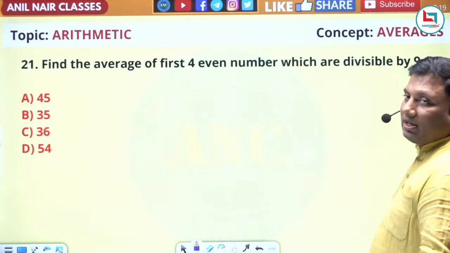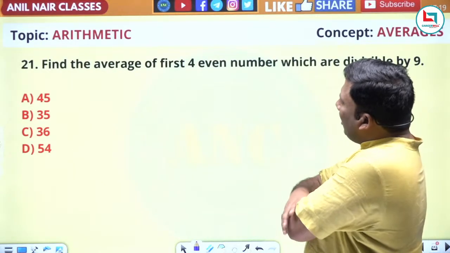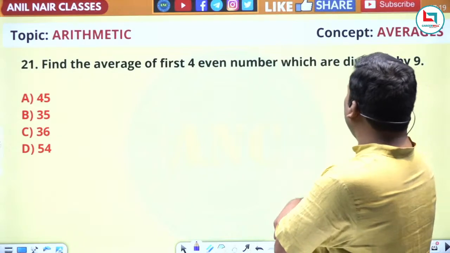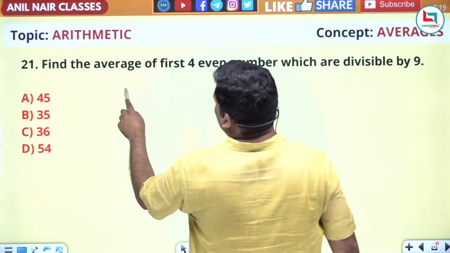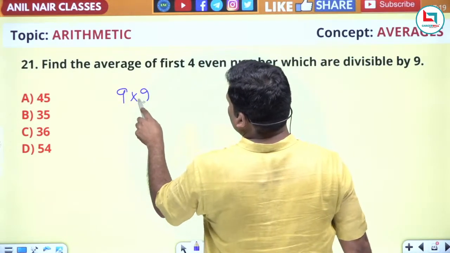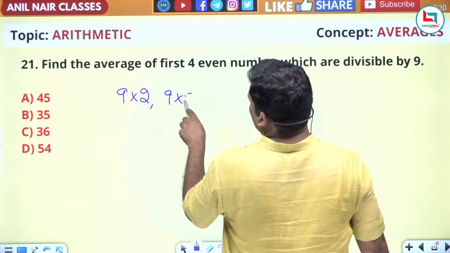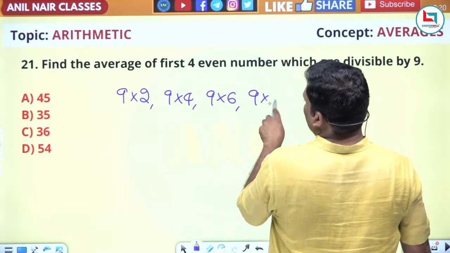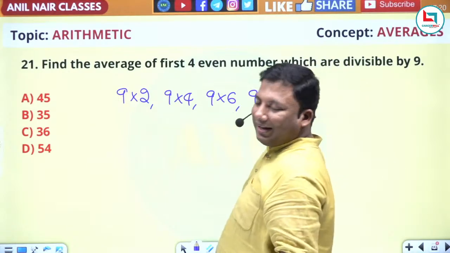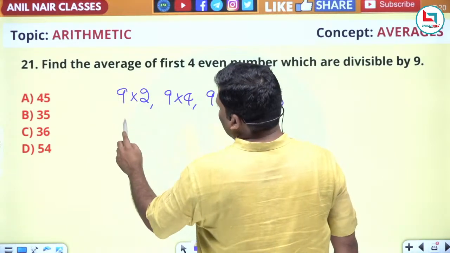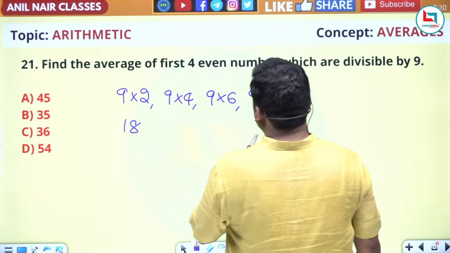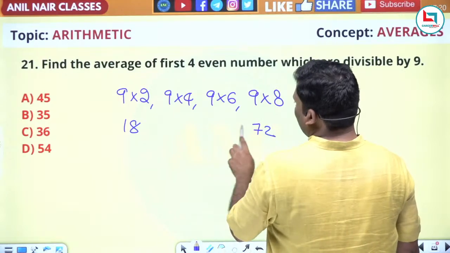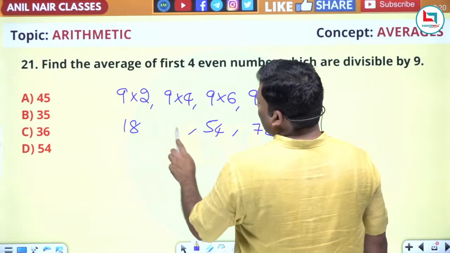Simple question. Similarly here, find the average of the first four even numbers divisible by 9. First four even numbers: 9 into 2, 9 into 4, 9 into 6, 9 into 8. So this is 18, 36, 54 and 72.